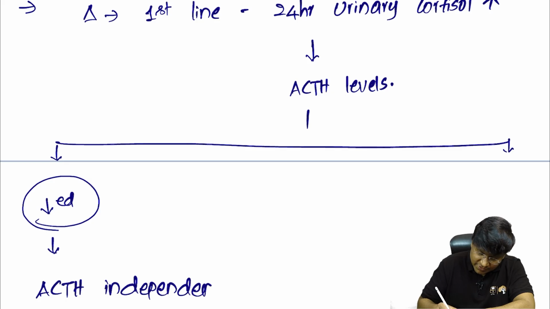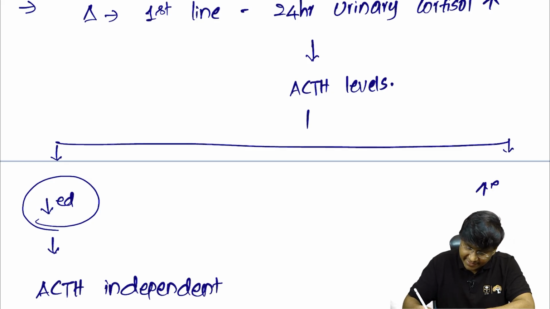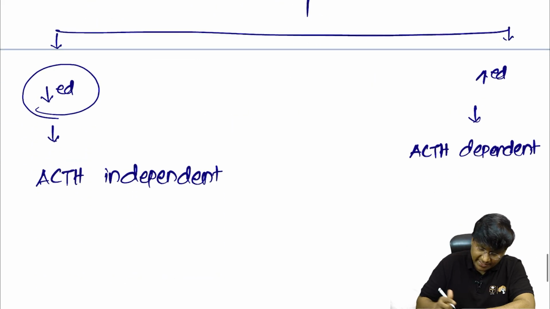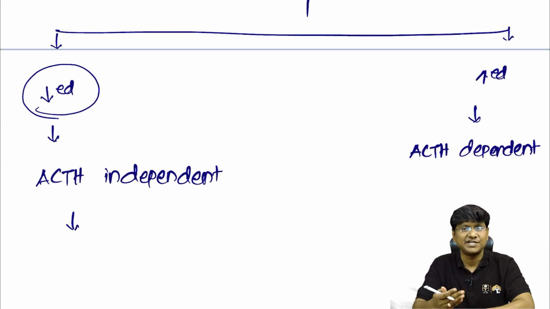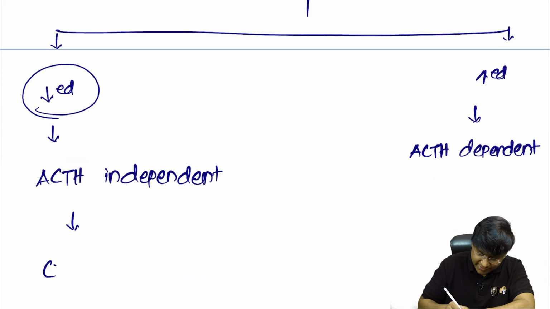If the ACTH levels are increased, then you need to suspect the ACTH dependent type of Cushing's. Now, if you are suspecting ACTH independent, then what you need to do is a CT or MRI of the abdomen.